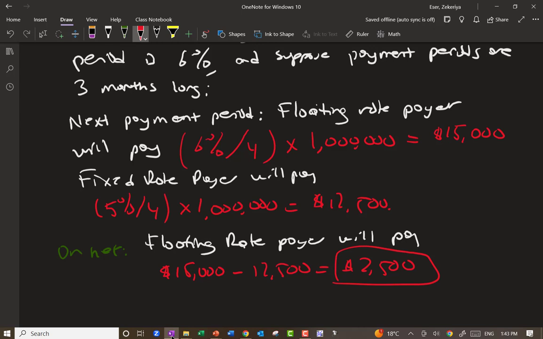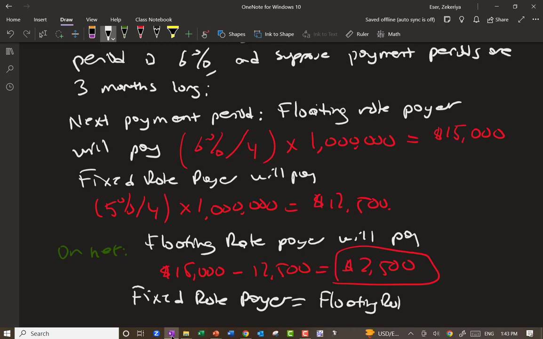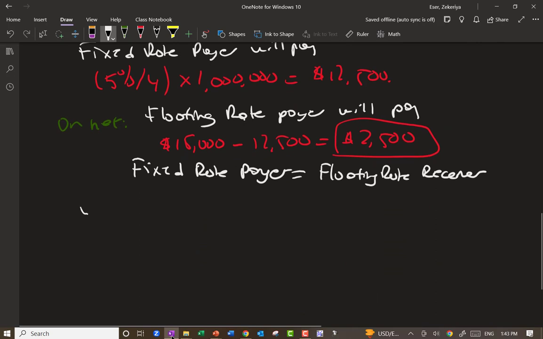Or alternatively, fixed rate payers, which is the same thing as floating rate receivers, will get $2,500.